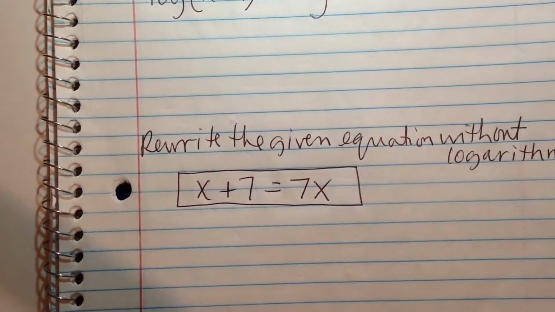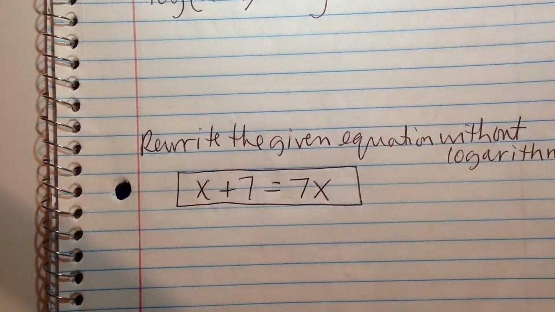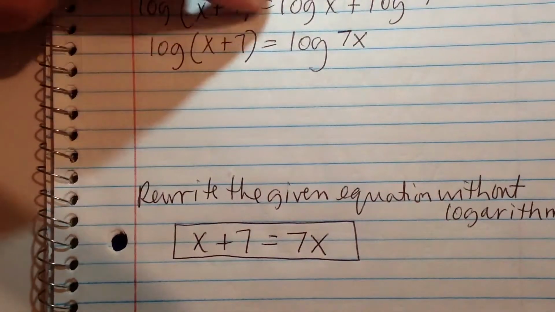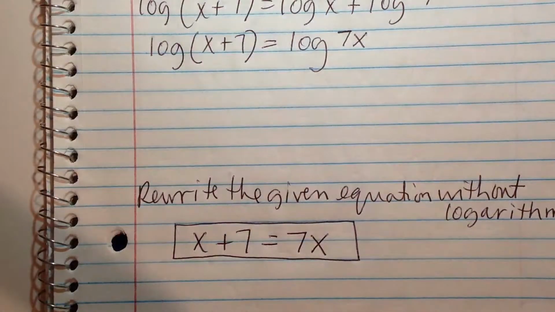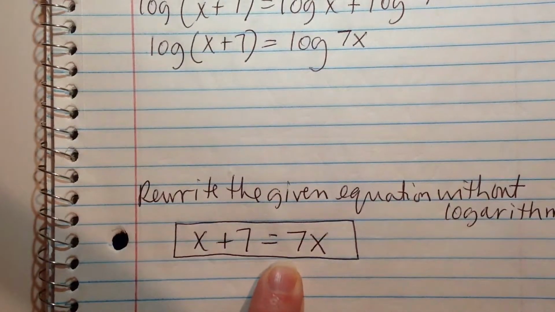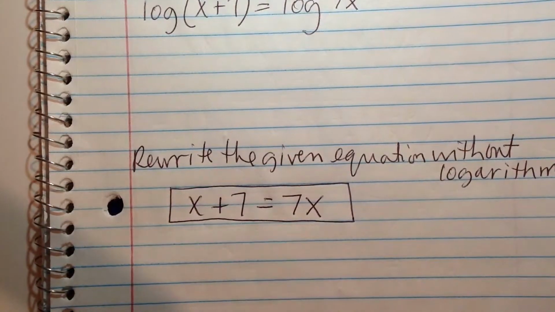That would be what goes in the box on the online homework. So we went from log of x plus 7 equals log of 7x, and by the one-to-one rule, we can let the logs go and bring down just x plus 7 equals 7x. Now let's solve this equation.